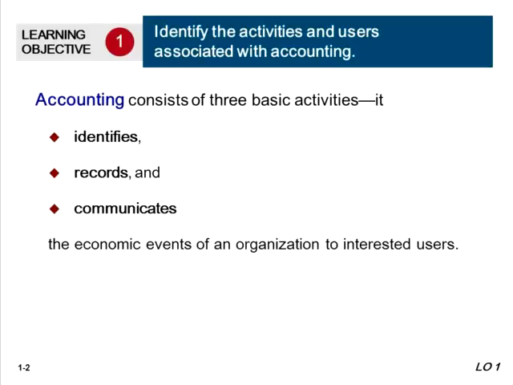Once that's been determined, then those transactions will be recorded in the accounting records. And when we get into Chapter 2, we'll look at how the transactions are recorded in the general journal. Once the transactions have been recorded and summarized, and we'll look at summarization in Chapter 2, then the financial statements are prepared. So that's the whole point of this whole accounting cycle.